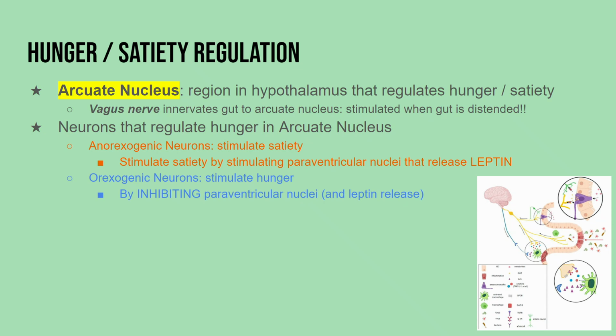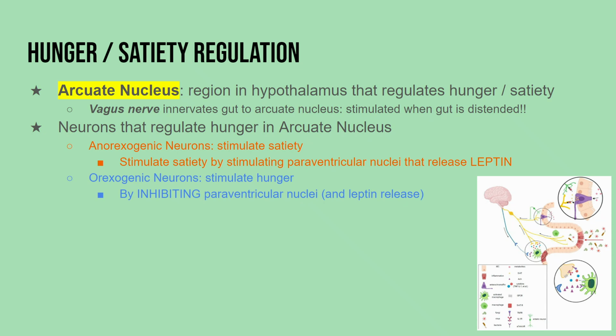It gives information to the arcuate nucleus about whether we should be hungry or full. So when the gut is distended, when there's food in the gut, the nerve sends a signal to the arcuate nucleus and says that we're full.